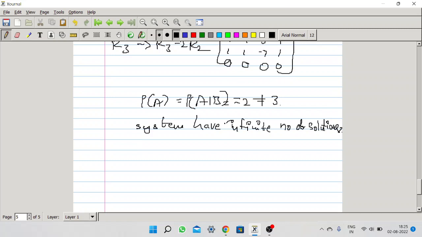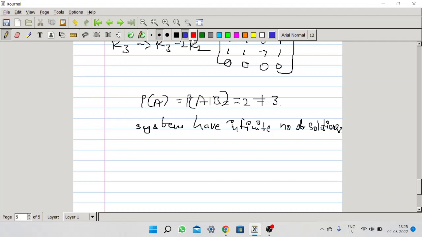I think you would know the reason, because whenever the rank is 2, it will have infinite number of solutions. I think you would have studied this in classes. I'm not telling the reason here why it is. So this is about the second problem.